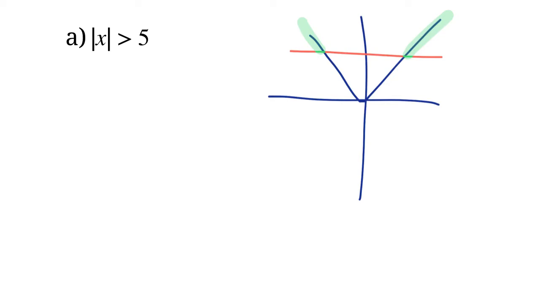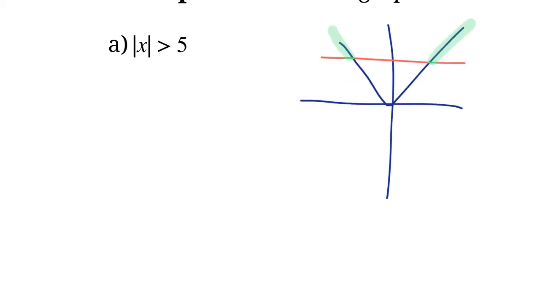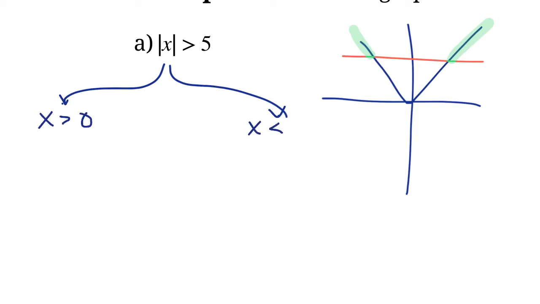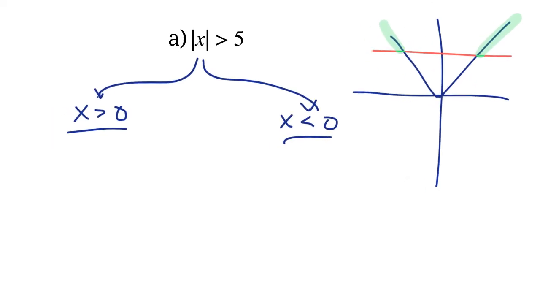But if we follow the similar process as we did on the previous page, basically we're breaking this up into two cases: when the thing inside the absolute value function is greater than 0, and when it's less than 0. When it's greater than 0, it's just x is greater than 5, the positive side.